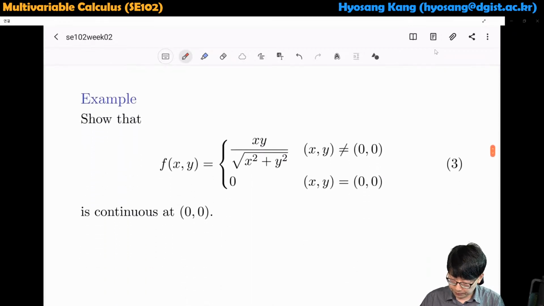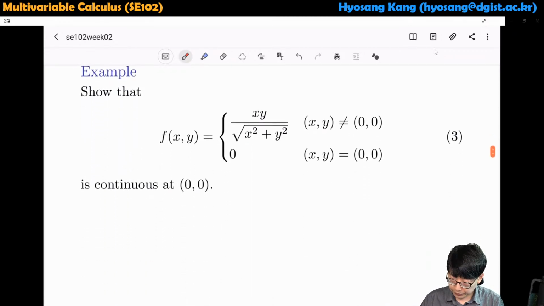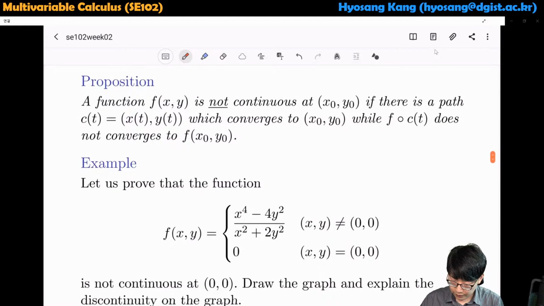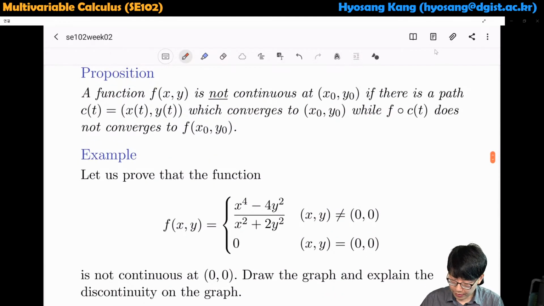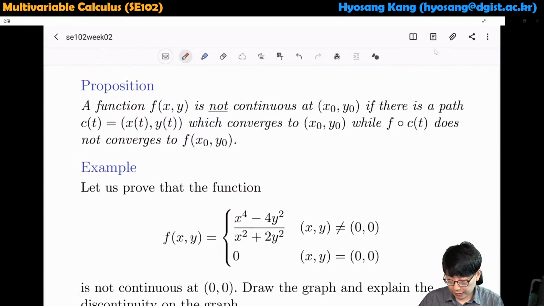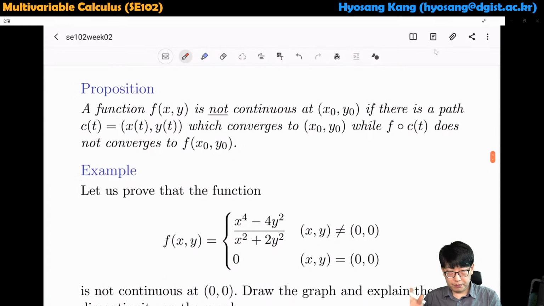Here's an example. Maybe I'll give a non-example first. If you want to prove continuity of a function, you need to go back to the definition of the limit.